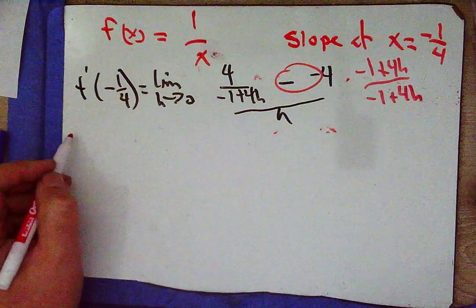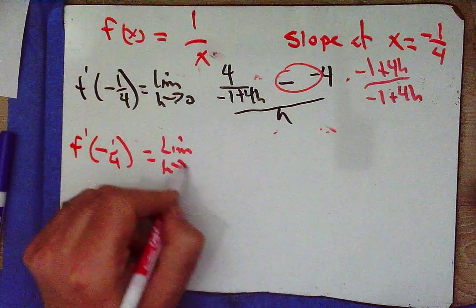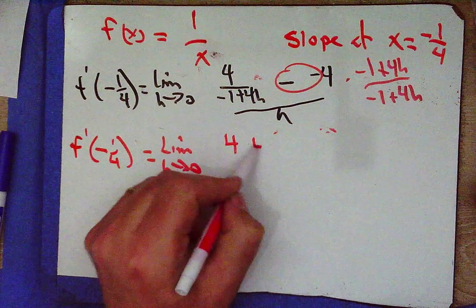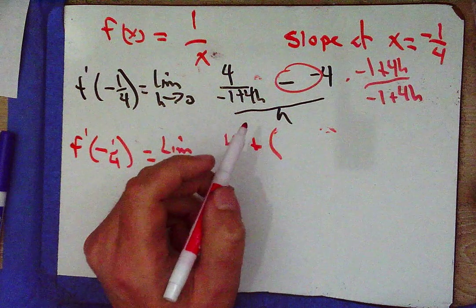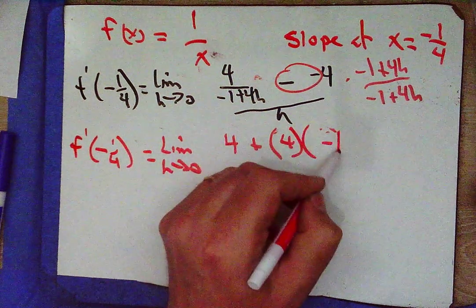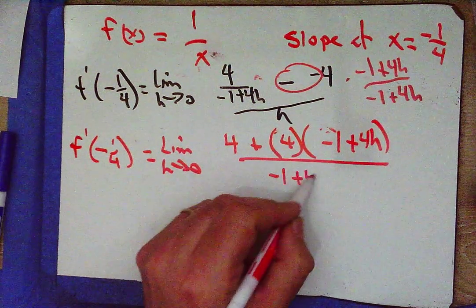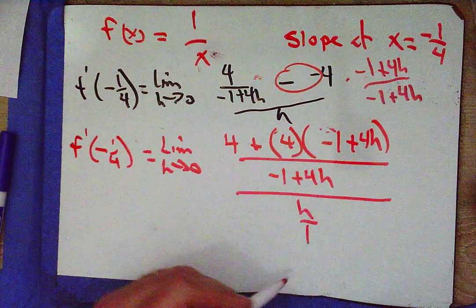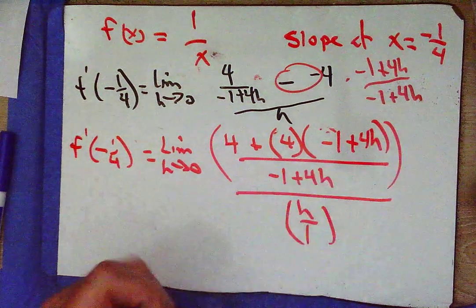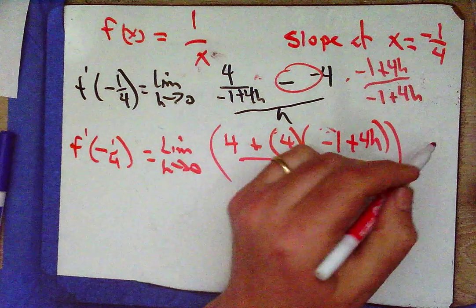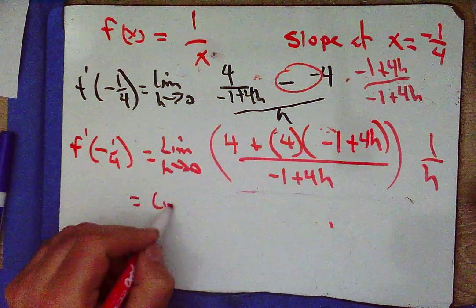Okay, so now f prime of negative 1/4 equals the limit as h heads to 0 of 4 plus 4 times negative 1 plus 4h all over negative 1 plus 4h, all over h over 1. And rather than have this complex fraction, I think I kind of want to flip and multiply here. So let's flip and multiply 1 over h. All right, let's see what happens when we tidy up this numerator. We have the limit.